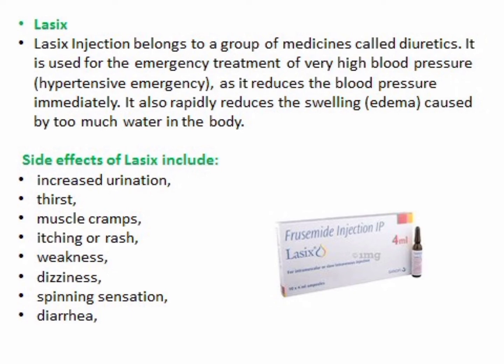Side effects are increased urination, thirst, muscle cramps, itching or rash, weakness, dizziness, spinning sensation and diarrhea. So, Lasix is a diuretic drug.